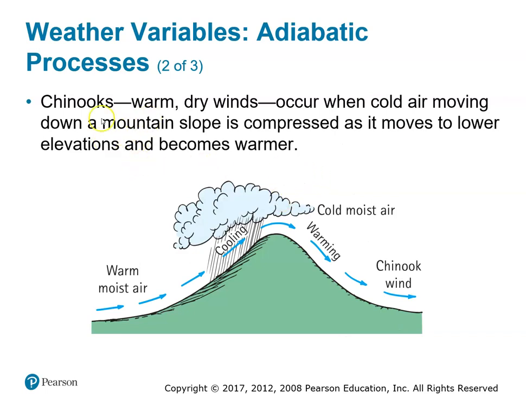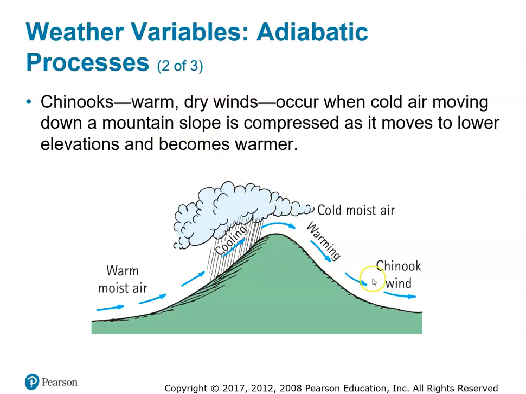This is what's called a Chinook. People who live in the Rockies experience this. You have warm, dry winds that occur after, let's say, cool, moist air rising up over a mountain, as it's shown here.